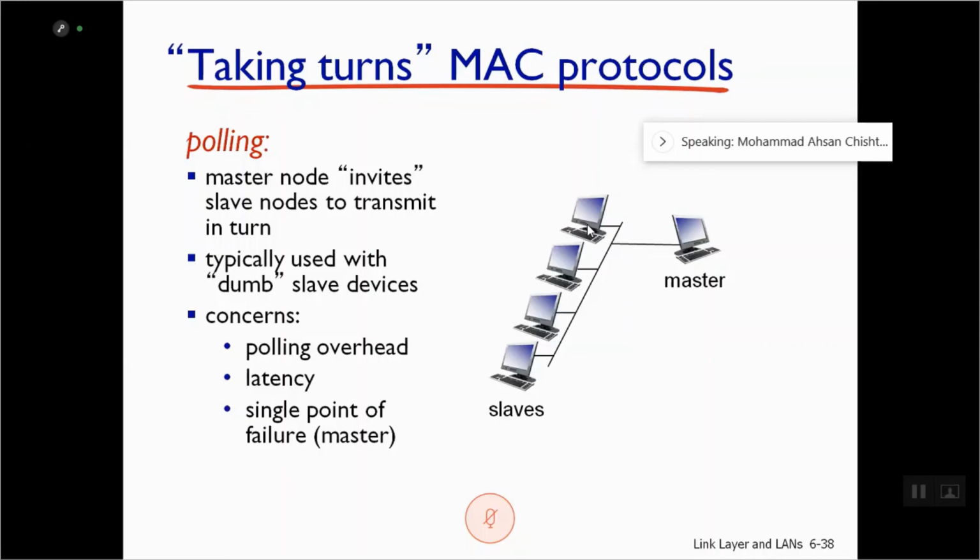The polling delay is to be added. So if one has to transmit, let's say 50 frames, the master gives it a chance of 10 frames first. Then the master goes in round robin fashion and polls the others. Others do not have to transmit, but it has to go and ask them whether they have to transmit or not. That polling delay of each node would be added, and then it goes back to the first one. So these are the advantages and disadvantages we have for the taking turns protocol.